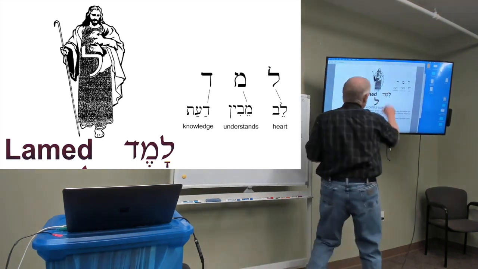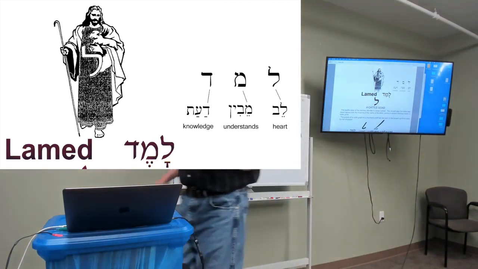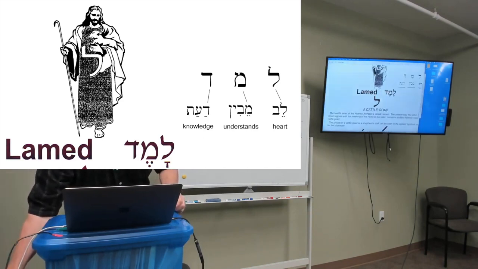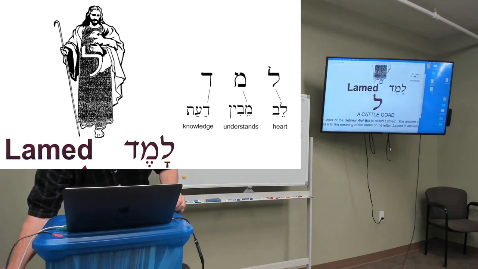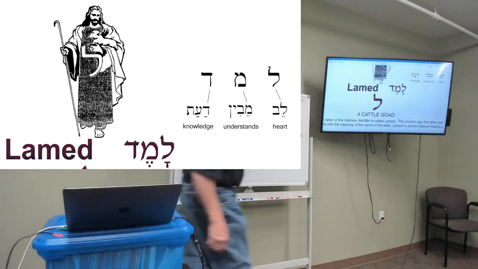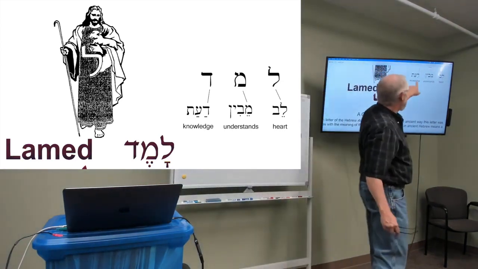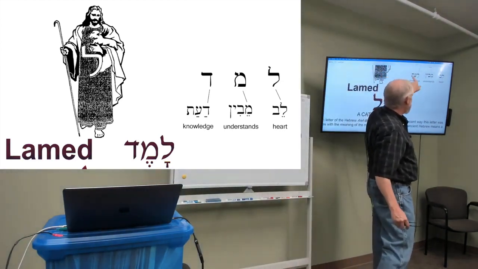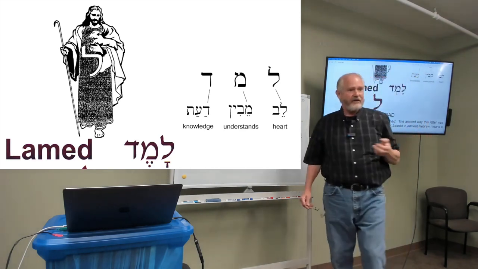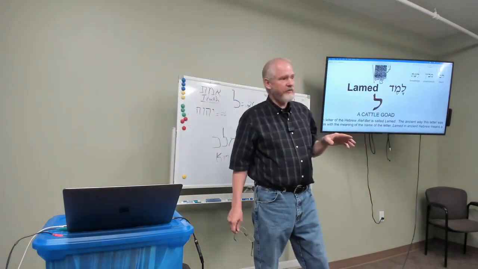Remember I showed you guys this before, but we've seen religion. Religion is dot, but knowledge is da'at. It's got the ayin in the middle. The ayin means understanding, right? So you can see the difference.